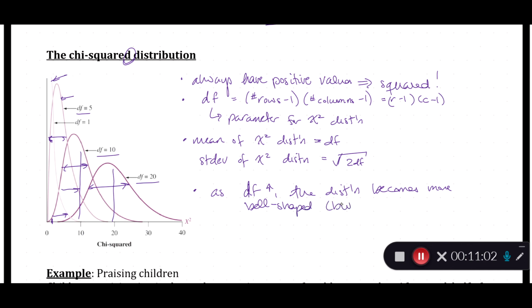But I'm going to say, but it's never perfect because it can't be negative. And so we make our decisions by taking all of these previous things into account. We know that it's always going to be right skewed. It's going to be less obviously right skewed when we have large degrees of freedom, but it is always a right skewed distribution.